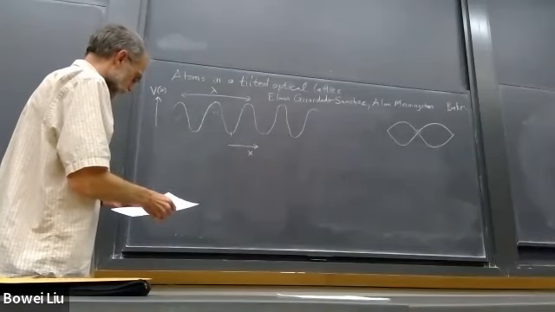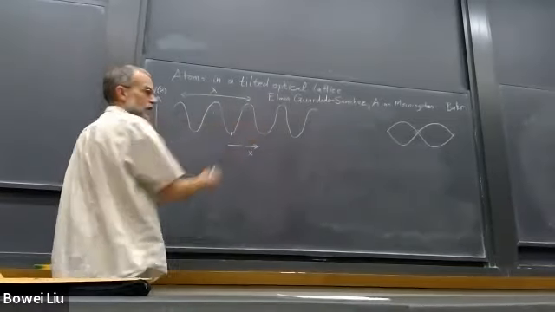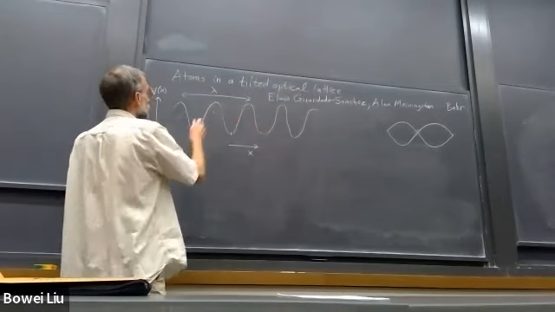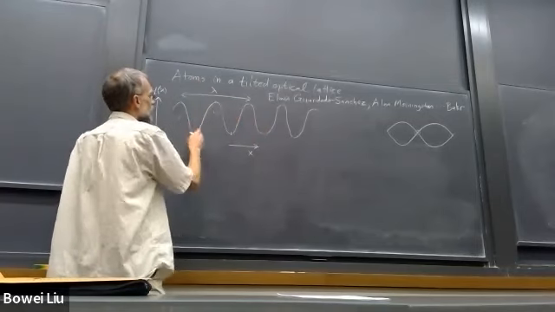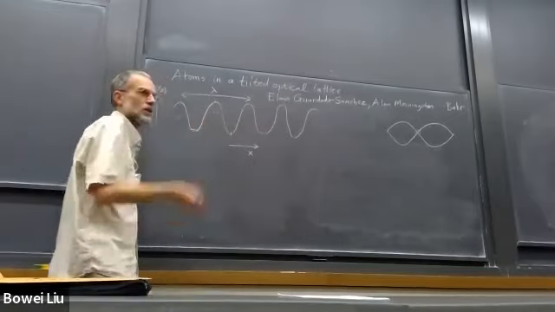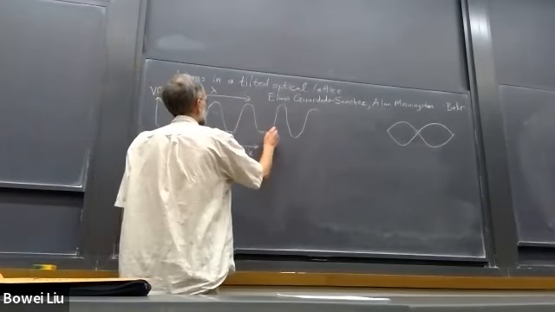So that's, and then this is a strong potential, and the atoms in this experiment were cooled. So in each well, they're in the ground state. So in the well near the bottom here, it's like a harmonic oscillator. It's just the minimum of something. And the atom can sit in the ground state energy.